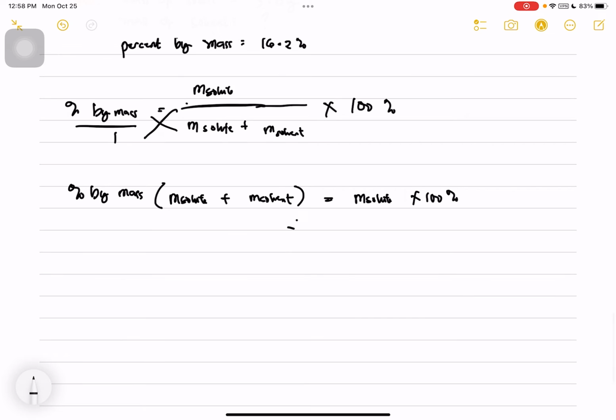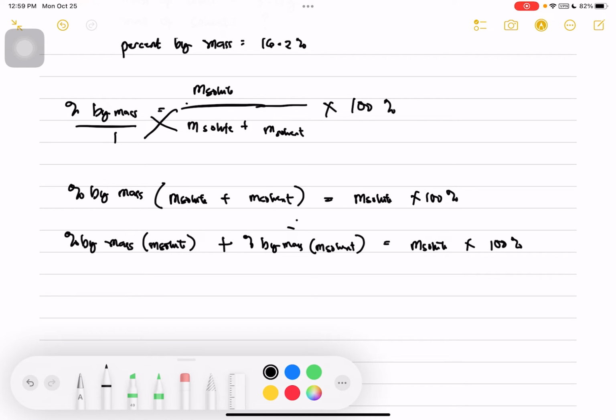Now, using the distributive property of addition, let's simplify the first expression. So we will have percent by mass times m solute plus, again, let's multiply percent by mass with the mass of solvent. This will become percent by mass times m solvent equals m solute times 100%. So we can still simplify this value.